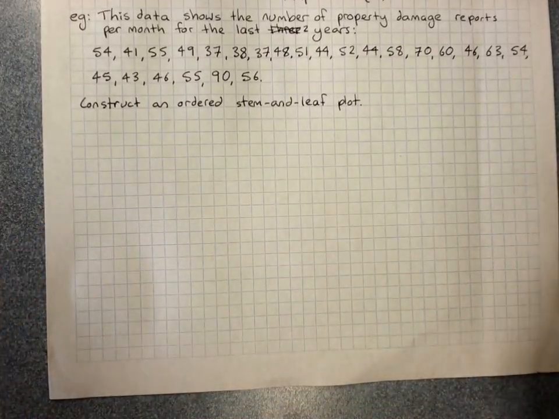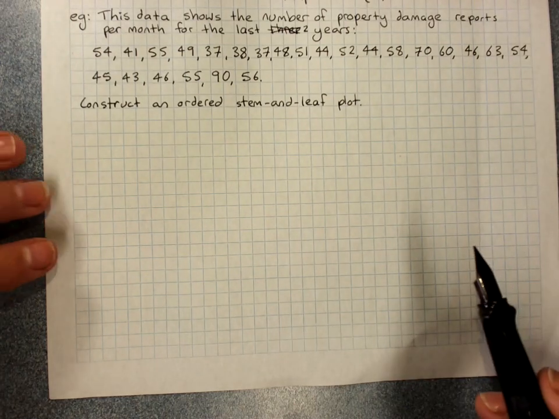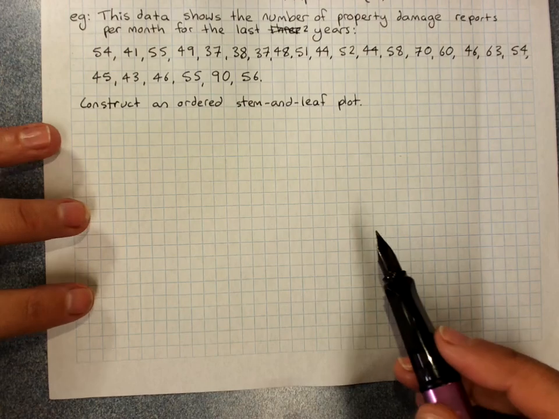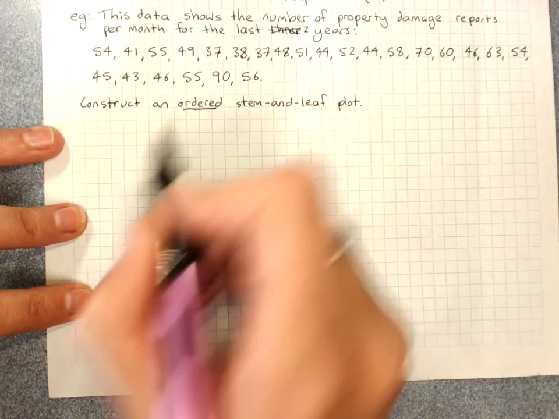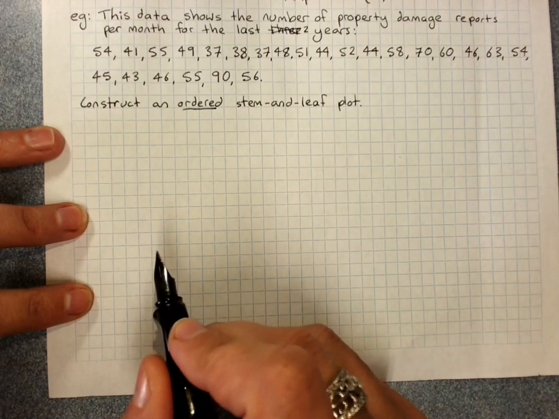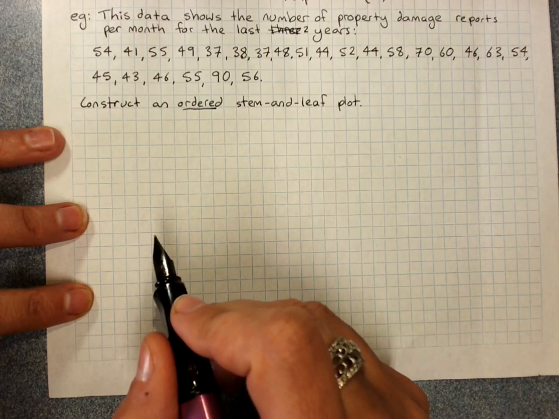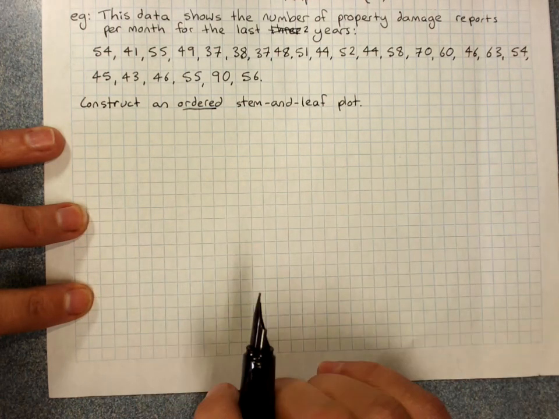Now a stem and leaf plot is better for data that's a bit more spread out. And a stem and leaf plot actually needs to be done twice because they've said they would like an ordered stem and leaf plot. And that means we'll do one that's out of order to make it easy, and then one to put it in order.